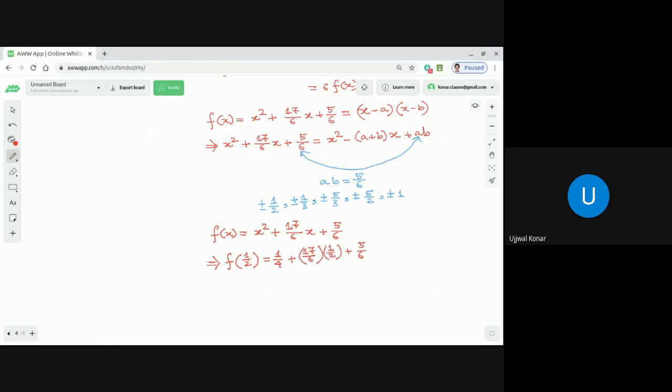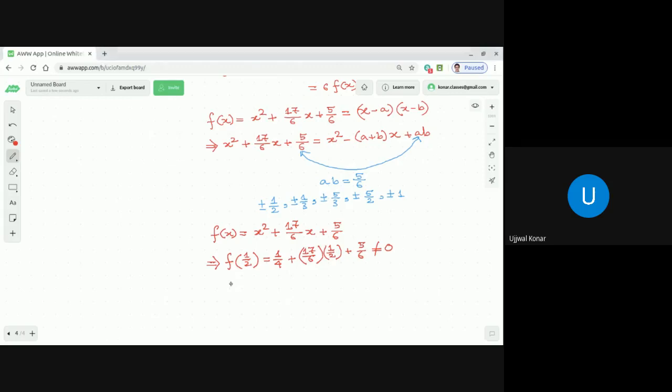Why? If it is 0, then we can say x − 1/2 is a factor of f(x), which it is not. For that we don't need to calculate. This cannot be equal to 0. Obviously, all are positive terms, so it cannot be equal to 0. So x − 1/2 is not a factor of f(x).